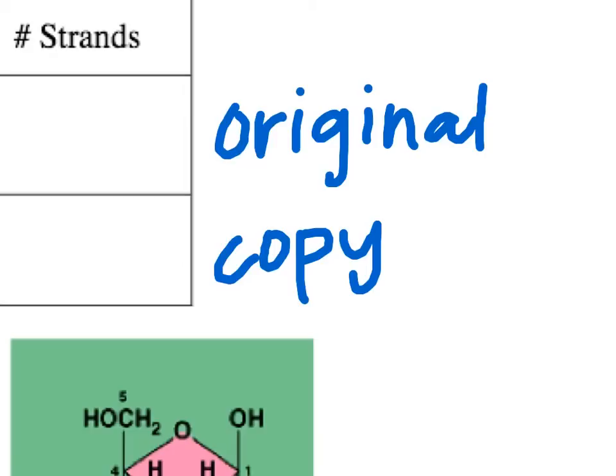If we go over to the first part of your table, there are some differences between DNA and RNA. The first difference we're going to look at is the type of sugar that they have in them. The sugar that DNA has is called deoxyribose.